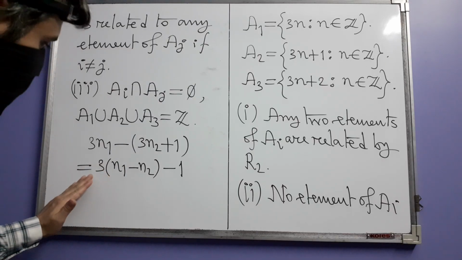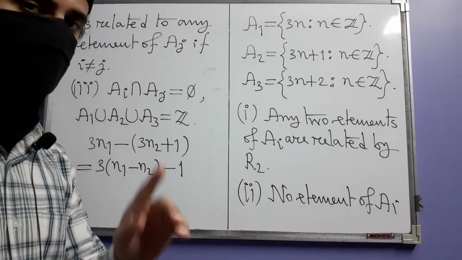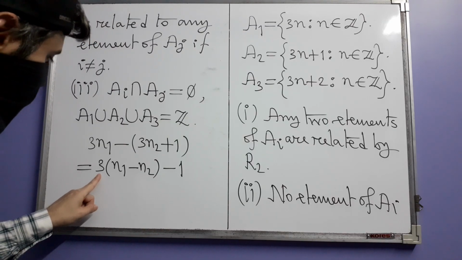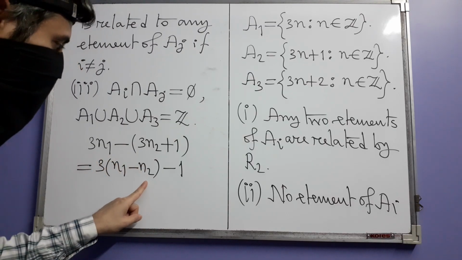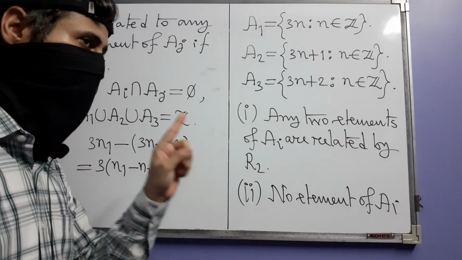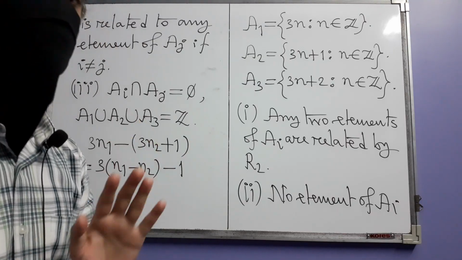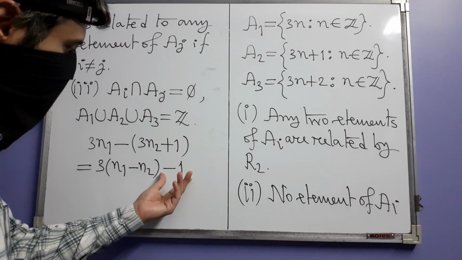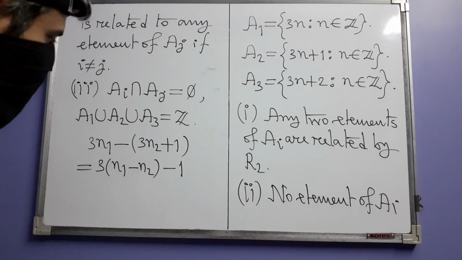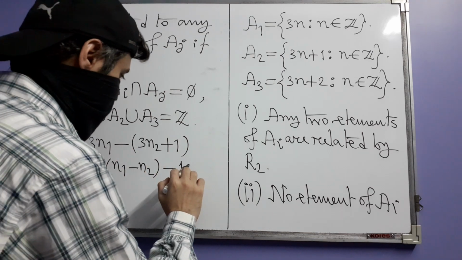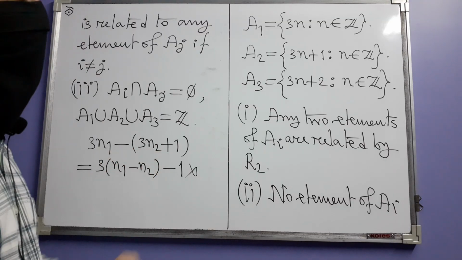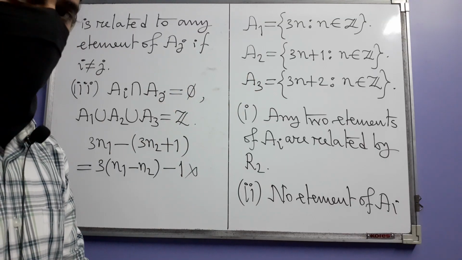If I claim that this entire number is divisible by 3, then already 3 divides this part, so from properties of divisibility, 3 would then have to divide minus 1 as well, which is not true. And that is why this is not divisible by 3. So 3n1 is not related to 3n2 plus 1.